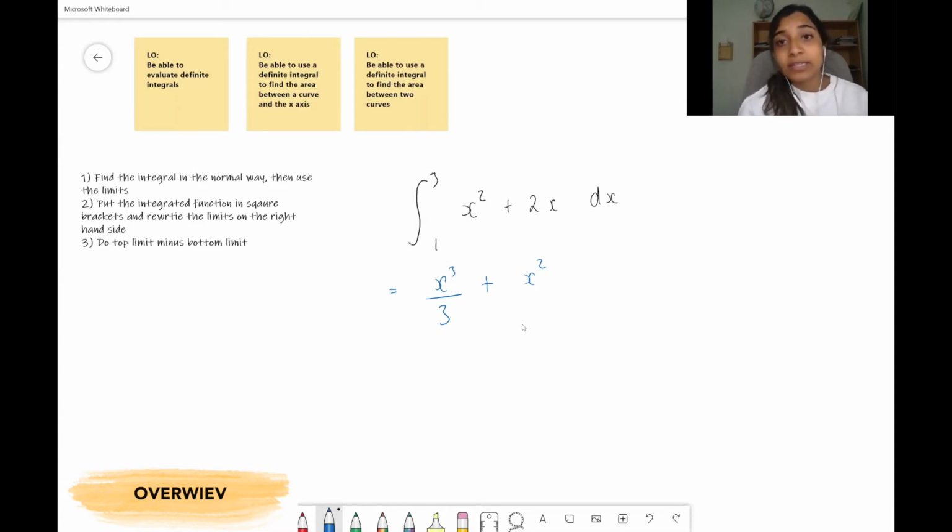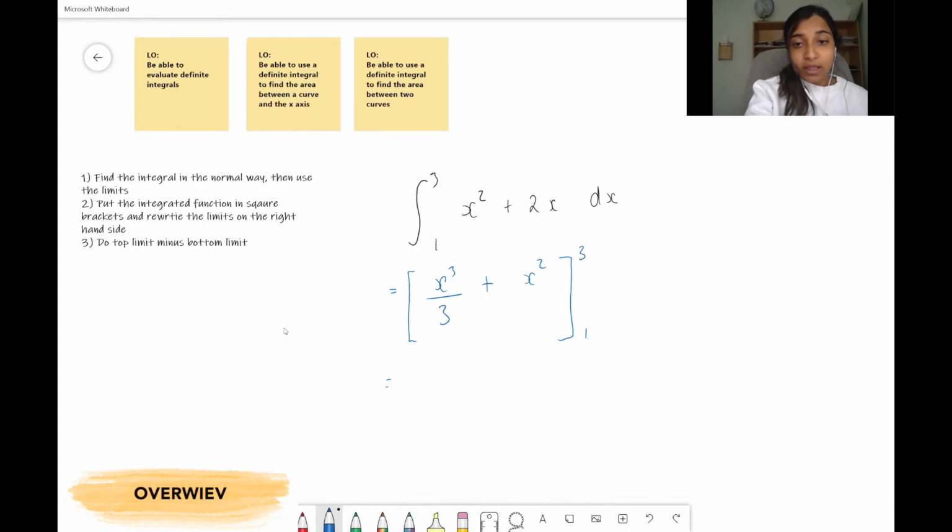And then here, because it's a definite integral, you've got 2 limits. You don't add your constant, you don't need it. Instead, you just use square brackets like this. And you rewrite the limits with 3 at the top and 1 at the bottom like that in your square brackets. And then you want to evaluate the integral at those 2 limits, and you do your top limit minus your bottom limit.